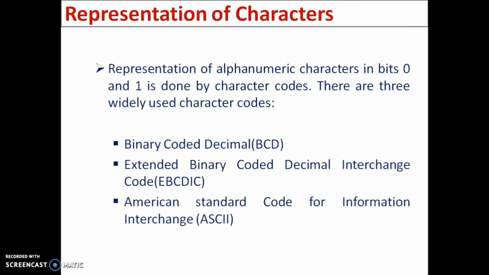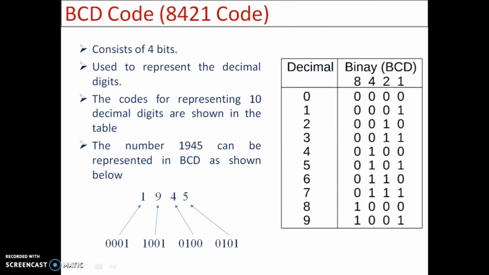EBCDIC, and American Standard Code for Information Interchange, ASCII. Let us discuss one by one. Binary coded decimal. This is a BCD code of 4 bits, meaning it consists of 4 bits. It can represent only 10 decimal numbers.